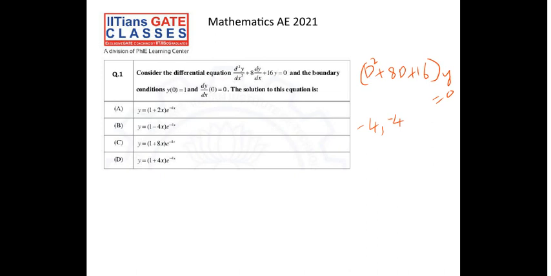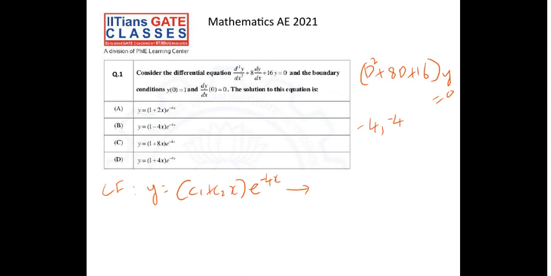So the complementary function, we get that as y is equal to, since the roots are repeated, we go for c1 plus c2x into e raised to minus 4x. Now to apply the boundary conditions, since there is dy by dx also, differentiate this and keep it ready.